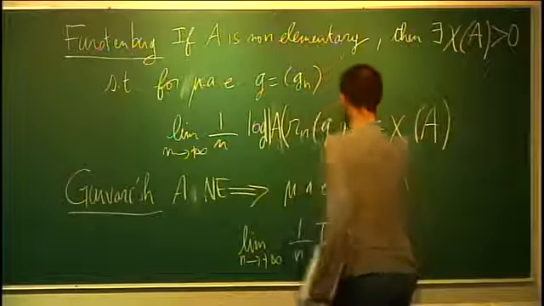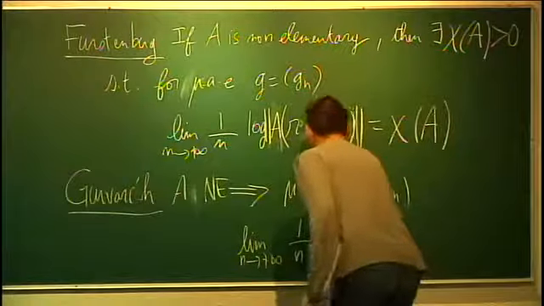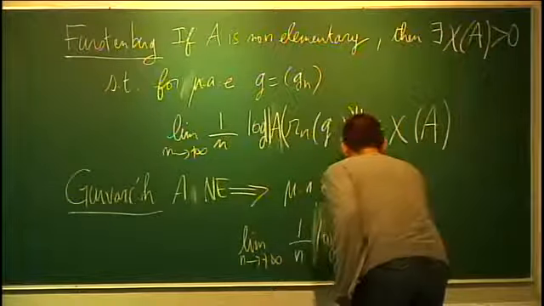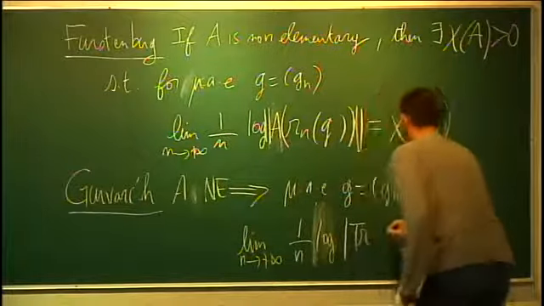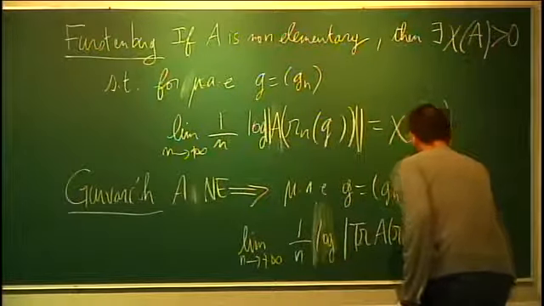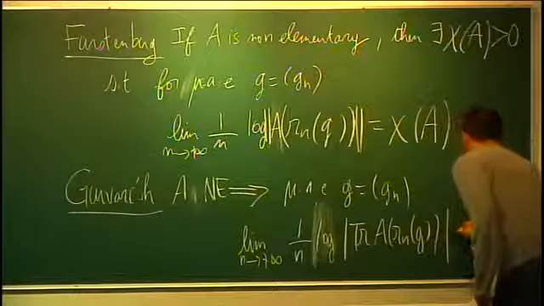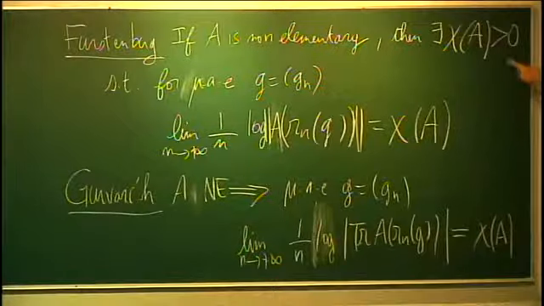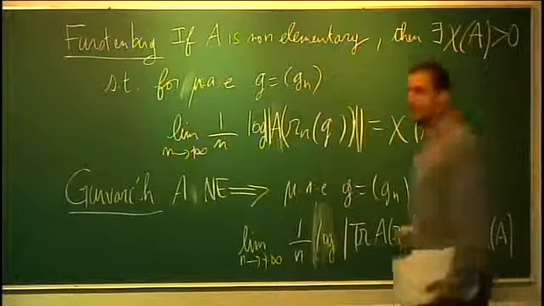We take the log of the trace of A of R_n of g, and this is going to tend to the Lyapunov exponent, which is defined just here. And I will explain the idea of that theorem.